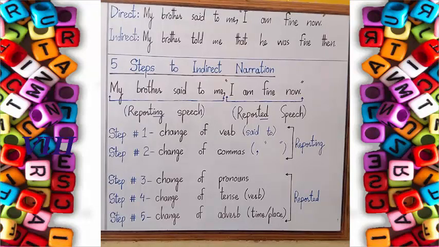If there is a declarative sentence, we use told. If there is an interrogative sentence, we use asked. If there is an imperative sentence, we use requested or ordered. If there is an exclamatory sentence, we use exclaimed with joy or sorrow or pain, etc. Now we are going to learn about the second change, that is change of commas.